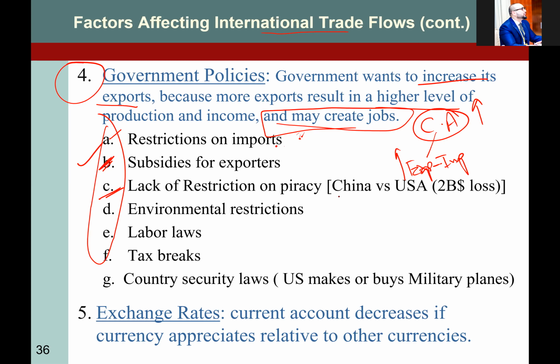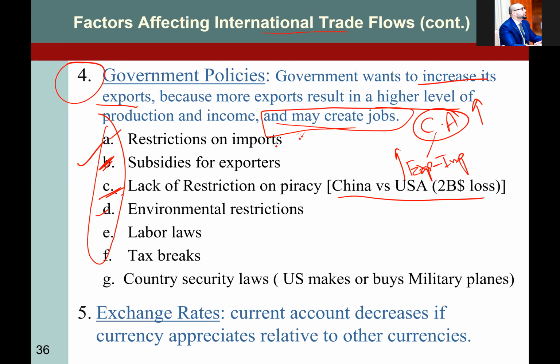We have a very famous case in your book, that the US always says that due to the copyrights of Windows and all the stuff, the US is losing $2 billion annually because of piracy. China is notorious regarding copying. Many of the famous brands always complain that before they even launch the product in the Chinese market, a copy is already launched at a very reduced price.